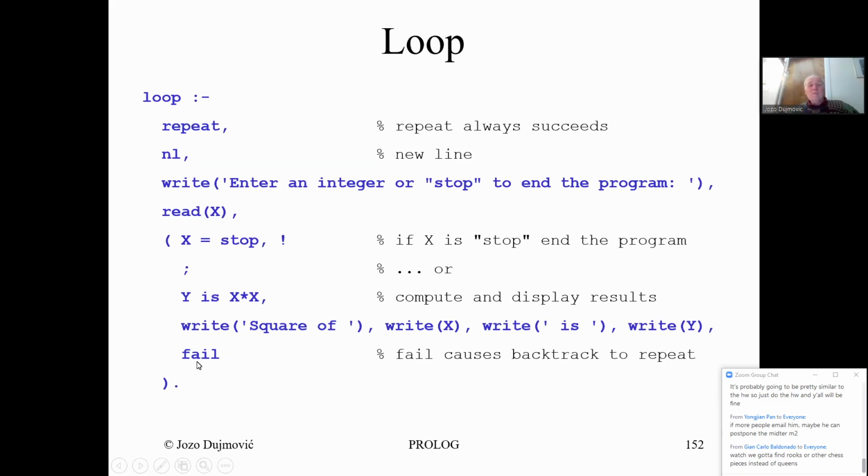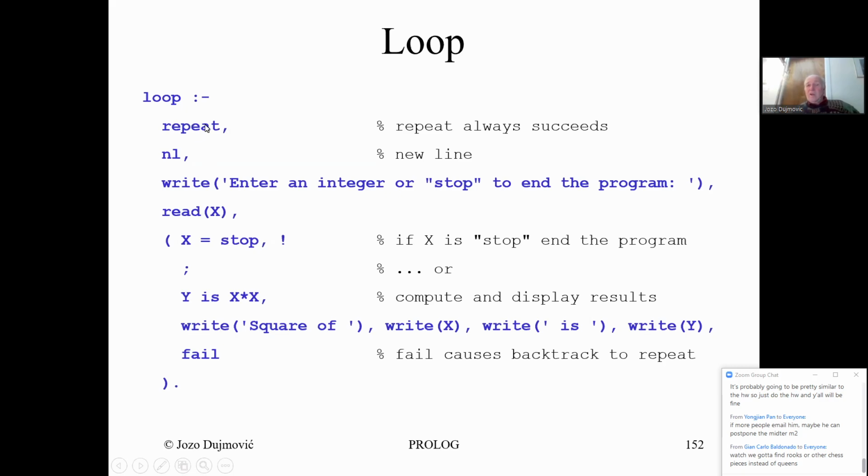Now, there is another thing that is used here, and this is repeat. Repeat always succeeds. So repeat says you just succeeded with satisfying a goal, go and satisfy the next goal. And fail tells you just failed, go back.